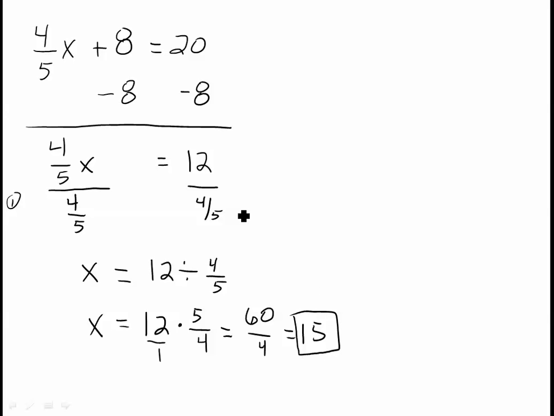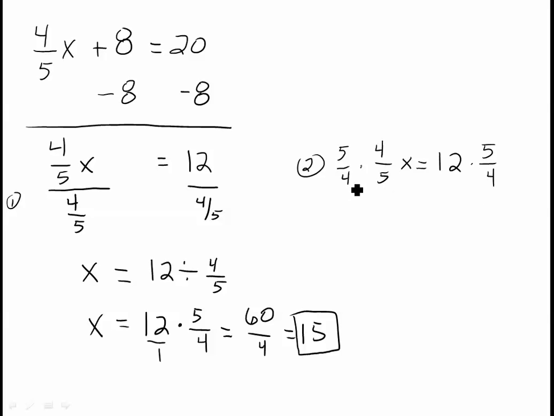Now we did have a second option here. And our second option, from the point 4/5 x equals 12, is just to multiply by the reciprocal from this point using the multiplication property of equality. And this is beneficial because we are using the reciprocal property or the inverse property.